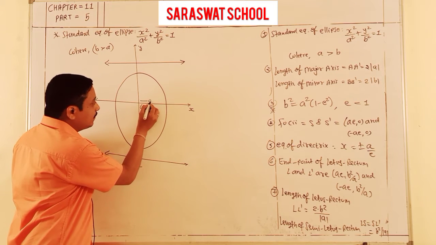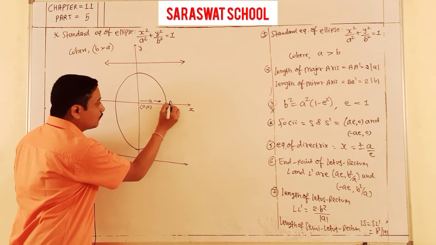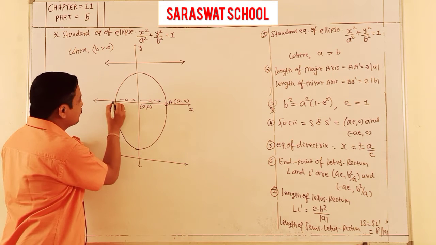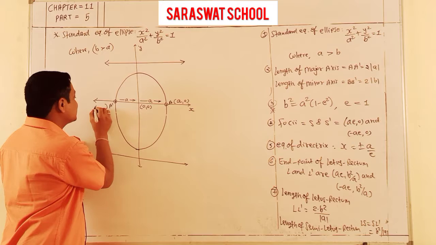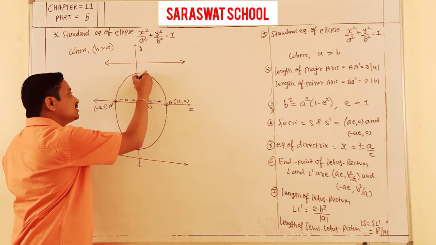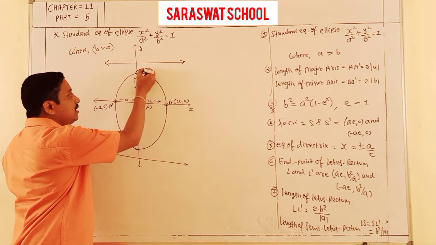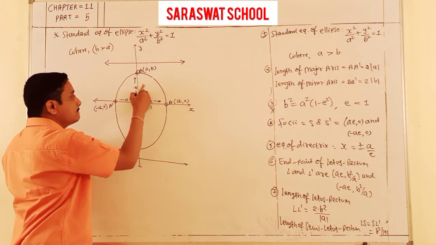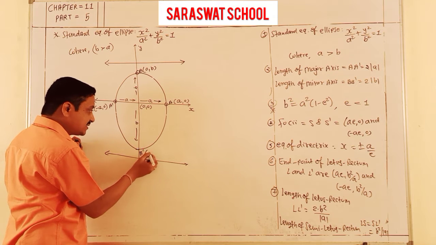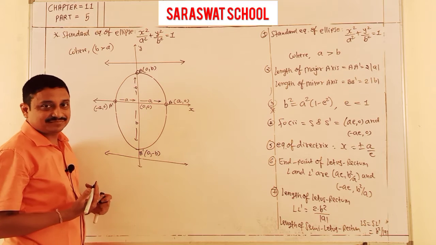Here the distance is a comma 0. The distance a again the same, but a dash is minus a comma 0. Similarly b here, distance traveling towards b at 0 comma b. And similarly this distance b, students, it is b dash, 0 comma minus b.